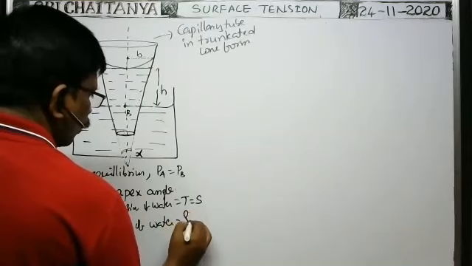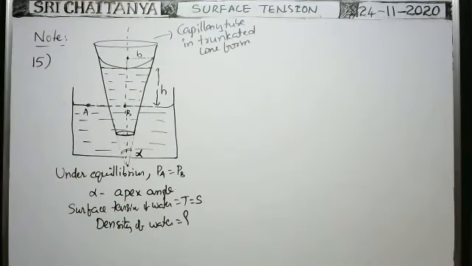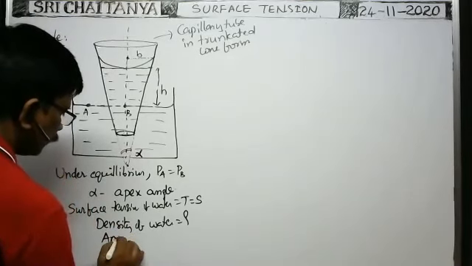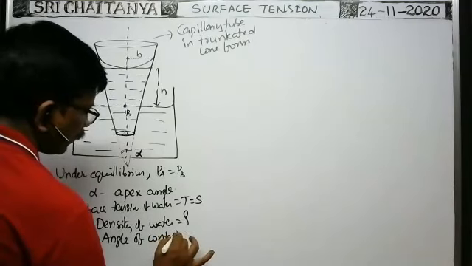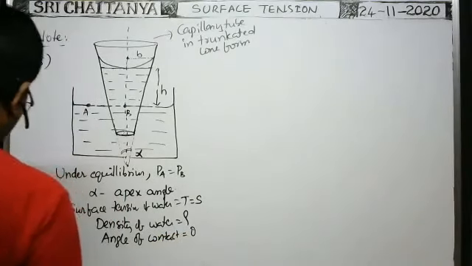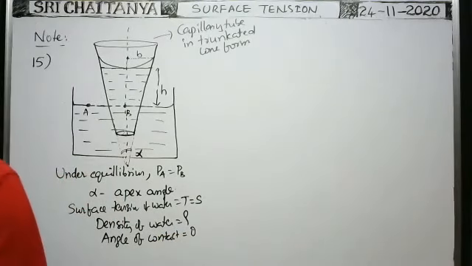Density of water is rho, and angle of contact is theta. Then the value of h will be, g is the acceleration due to gravity.